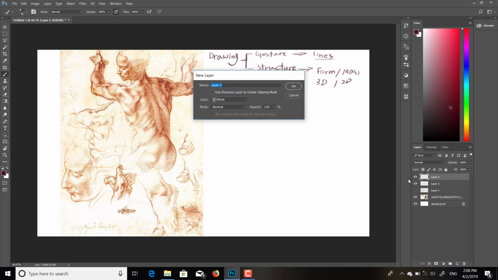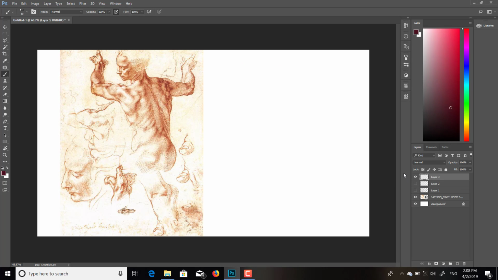So that's it. Let's get started. First, we start with gesture, and then we think about structure as well. I hope you remember the procedure of gesture drawing. First, we start with head.